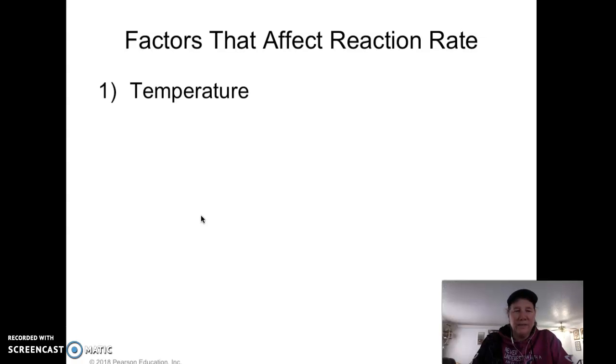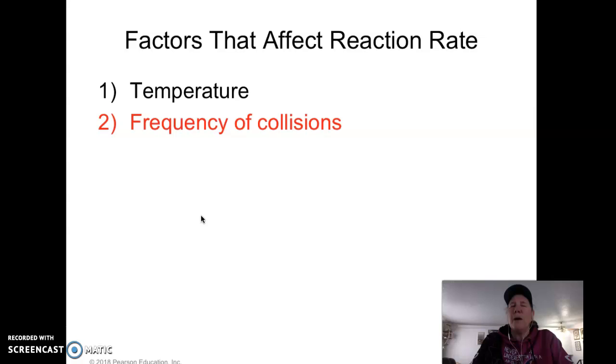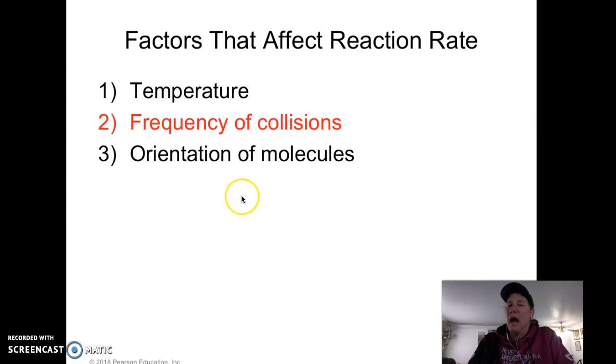What are some of the things that affect reaction rate? Well, one thing is temperature. If you increase the temperature, usually your reaction rate is going to increase. How many collisions you have, and that's kind of related to temperature, because if you increase the temperature, you increase the kinetic energy, and then they're going to bang into each other more, and then the reaction is going to happen faster. How the molecules are orientated, because remember, we want them to be orientated so they can bang into each other.